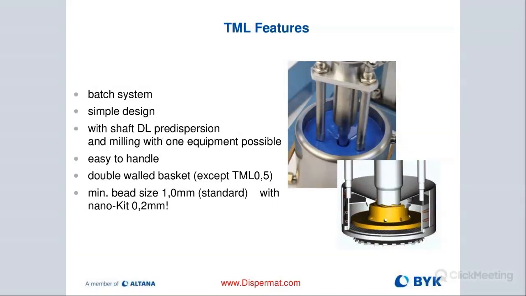So it's a batch system. It's a very simple design. We don't have any bearings, no lip seals, no O-rings that can wear out. So it's very easy to maintain compared to a horizontal media mill where we have all these different components that we have to swap out.